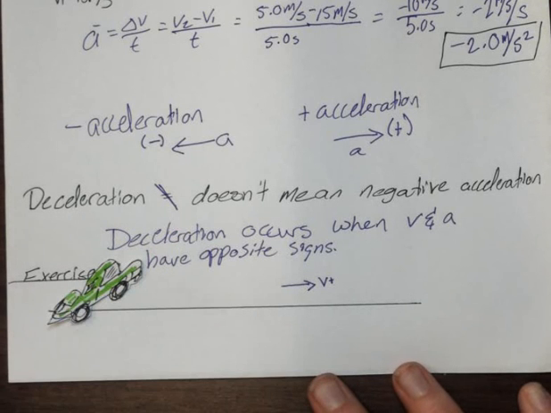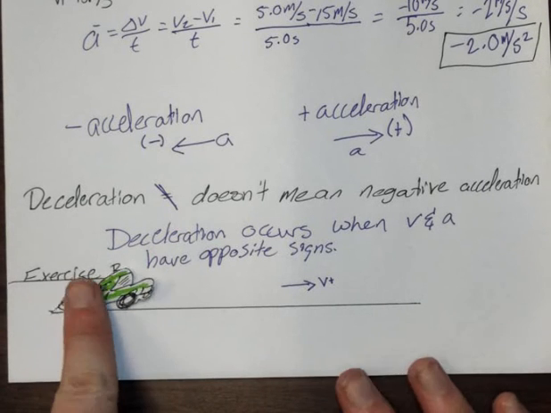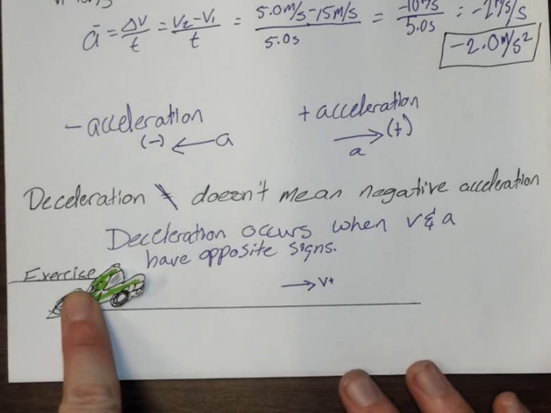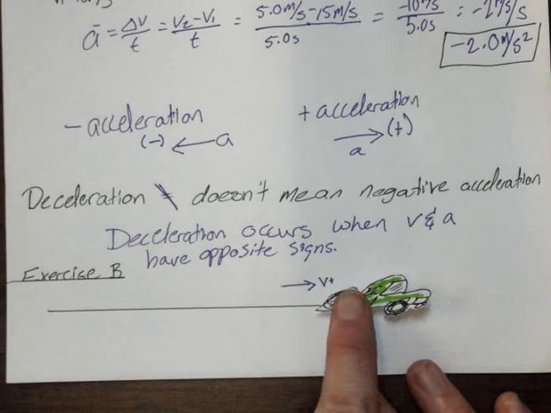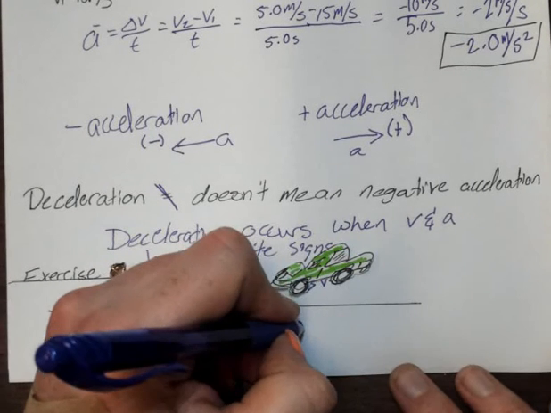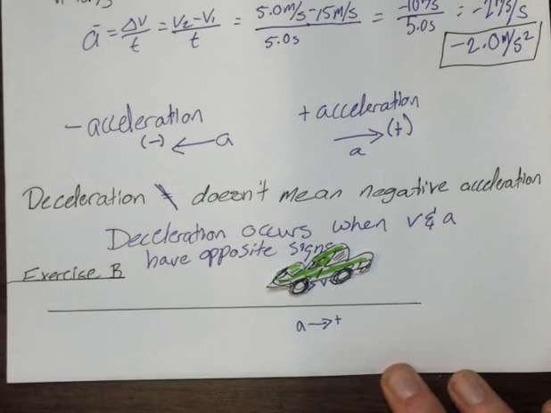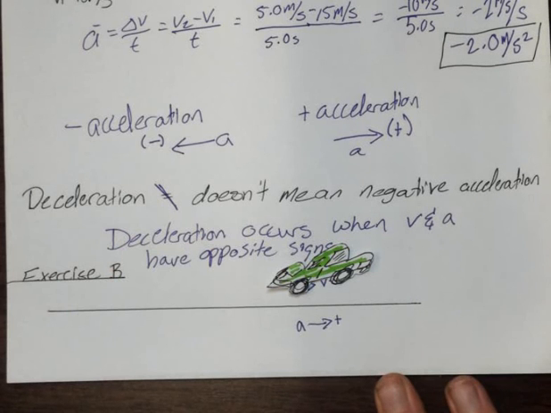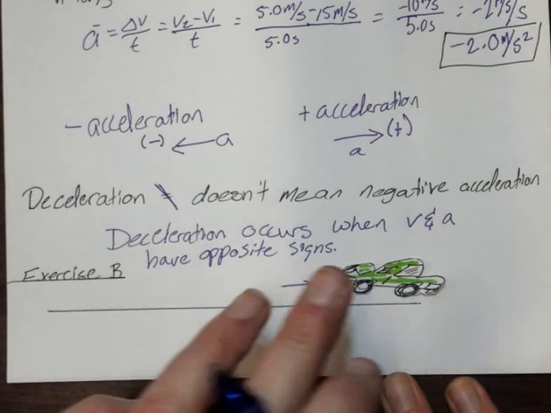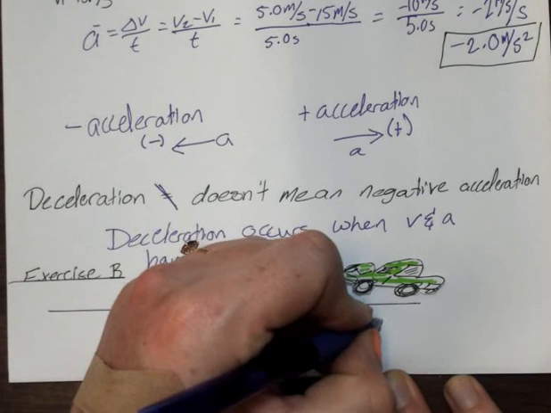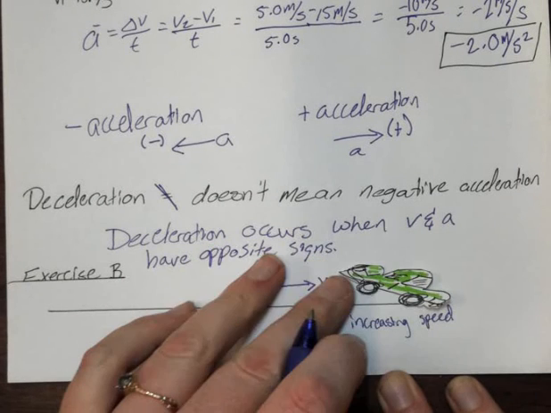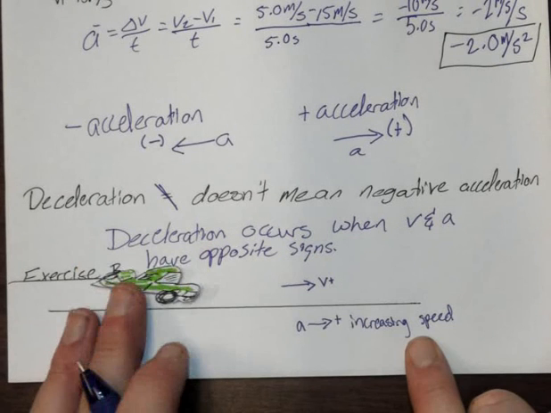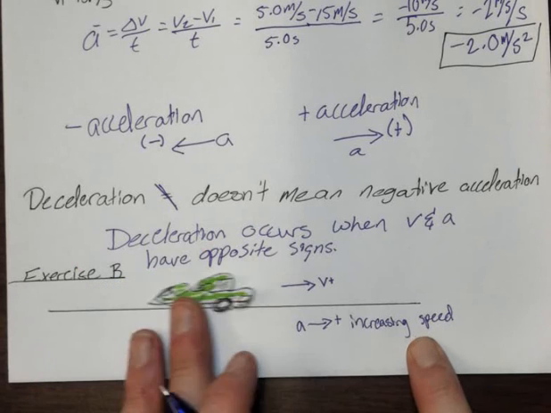If the car is increasing its speed, it means that its velocity started low and sped up. So that means that the acceleration is in the positive direction. So increasing speed when the car is traveling in the positive direction would be a positive acceleration.